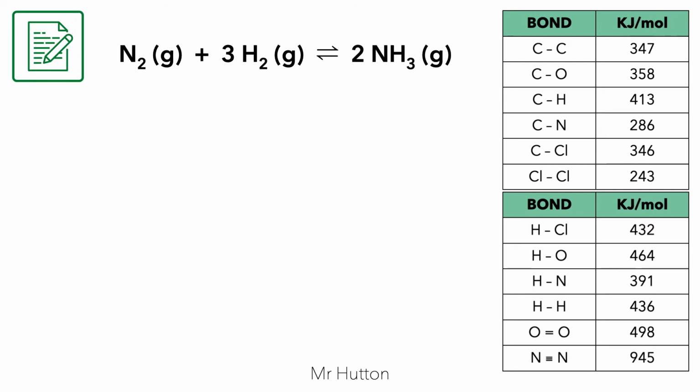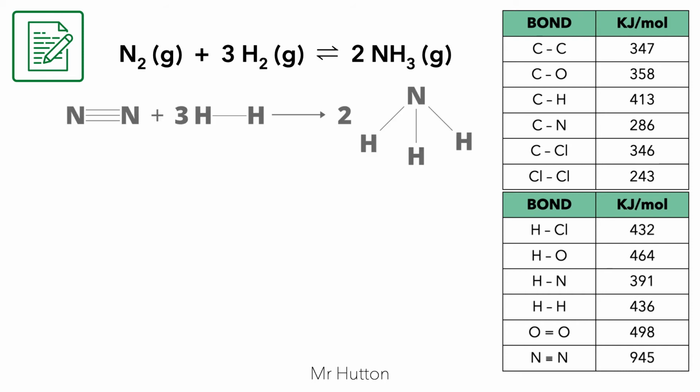Right, so this is how we would do it. I've put the reaction at the top of the page, and I've moved those bond energy tables over to the right. What I said before was that we needed to know the structure of the reactants and products. So what I like to do is draw out what I've got. As you can see now, my nitrogen has a triple bond between the two atoms.